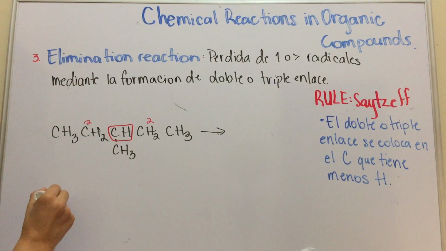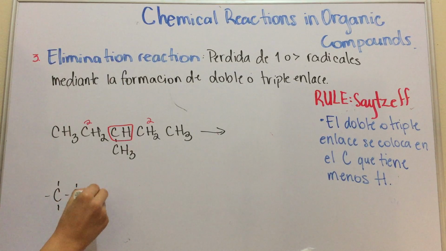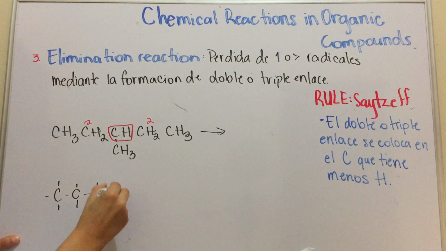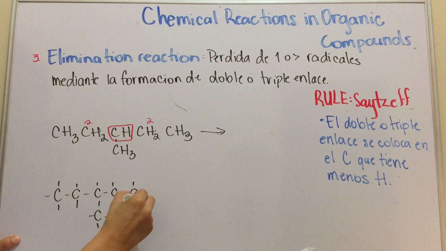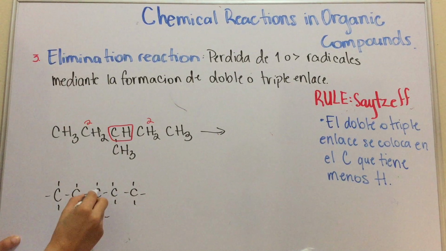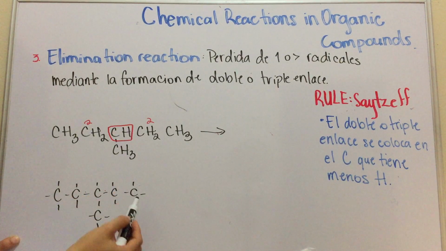So we're going to have hydrogen 1, 2, 3, 1, 2, 1, CH 1, 2, 3, 1, 2, 1, 2, 3. All right, so this is what I have right now, right? So this carbon, I know I'm going to put the double bond either here or here. And in this case, it doesn't matter because they both have the same number of hydrogens.